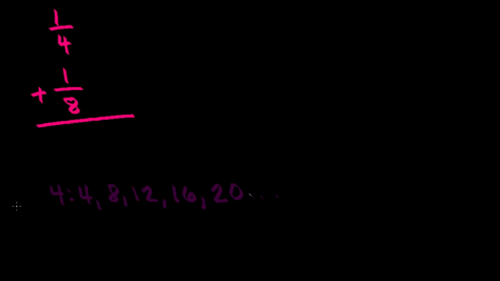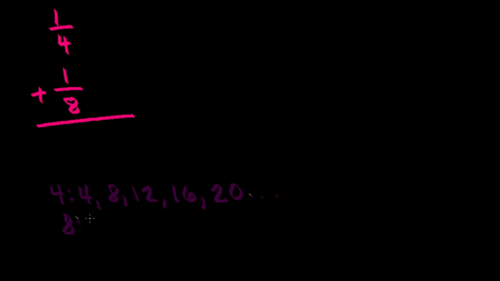Next, I'm going to do the same thing for the number 8. So I'm going to look for all the multiples of 8. I could either use the multiplication fact like I did for 4, or I could simply skip count by 8. So I'll try that way with this one.